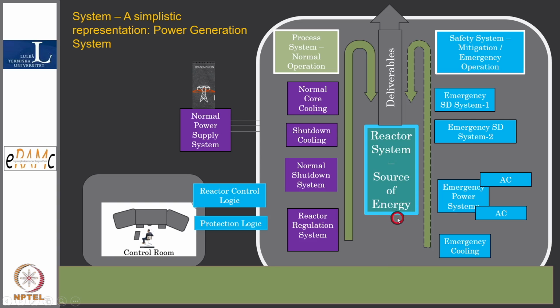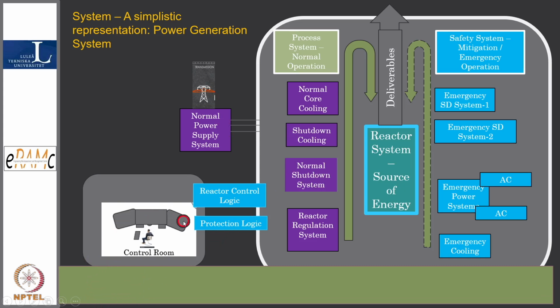And for a nuclear plant, we can say these systems are generally in a containment, so anything that goes wrong, the consequences will not reach the public domain. The deliverable in a nuclear power plant is the delivery of power to the grid.